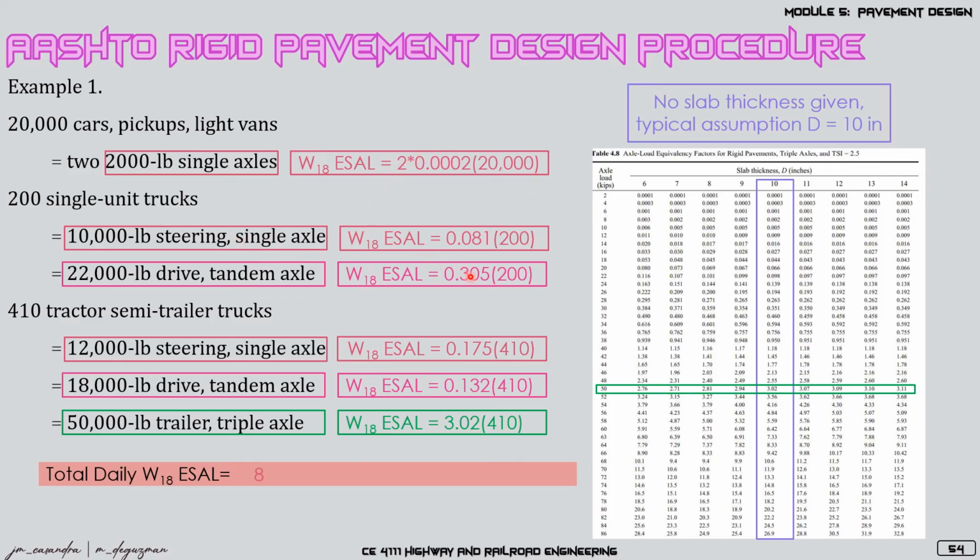Next, we have 0.081 times 200, which is 16.2, plus 0.305 times 200, which is 61, plus 71.75, plus this value, 54.12, plus this value, 1238.2. So the total daily 18 kip axle load is now equivalent to 1,449.27.